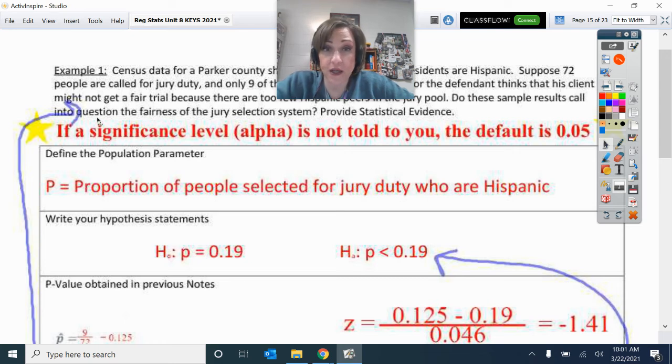So you need to know that if the significance level or the alpha has not been told to you, then there is a default alpha, and that is 0.05. If we are ever not told alpha, then we can claim it to be 0.05.